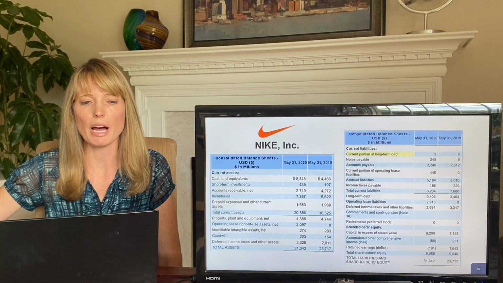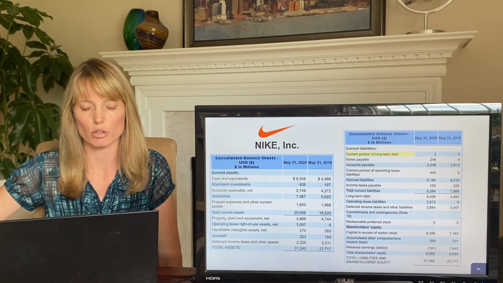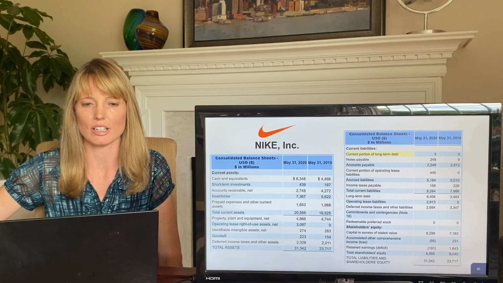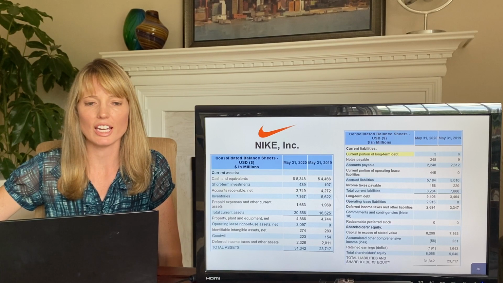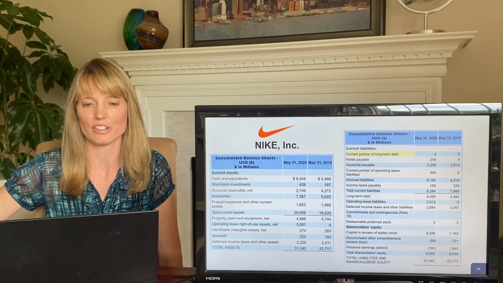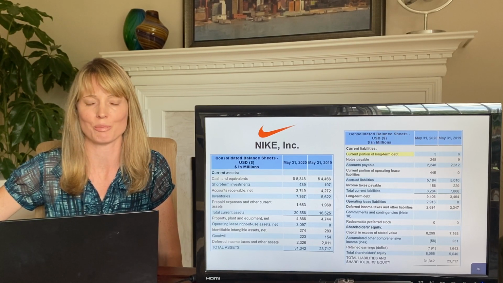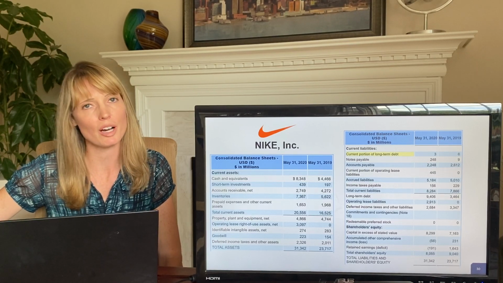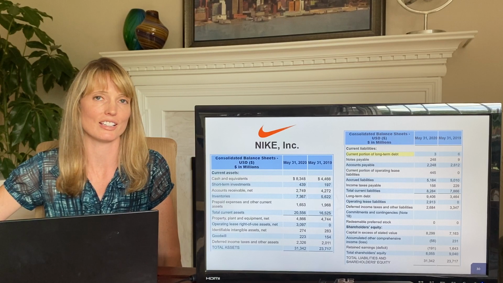Here's the balance sheet of Nike in their most recent set of financial statements. As we can see here in the assets section, what's interesting is that Nike has $8.3 billion. Their biggest asset investment is not inventory, as you might expect. It's not plant, property, and equipment, as I had expected.